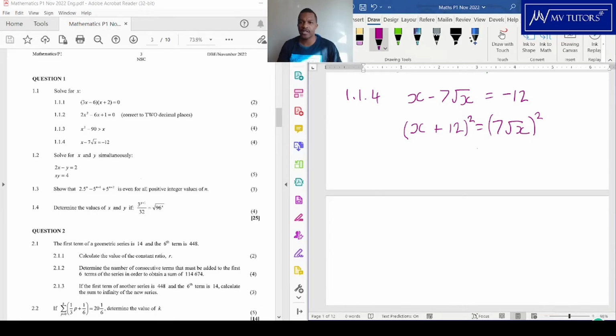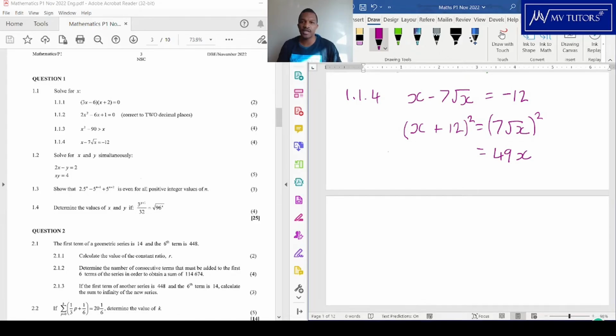Now I want to start on the difficult part. This is important. You must say 7 squared, which will give you 49. And then square root of x squared will just give you an x. This side, you need to expand.